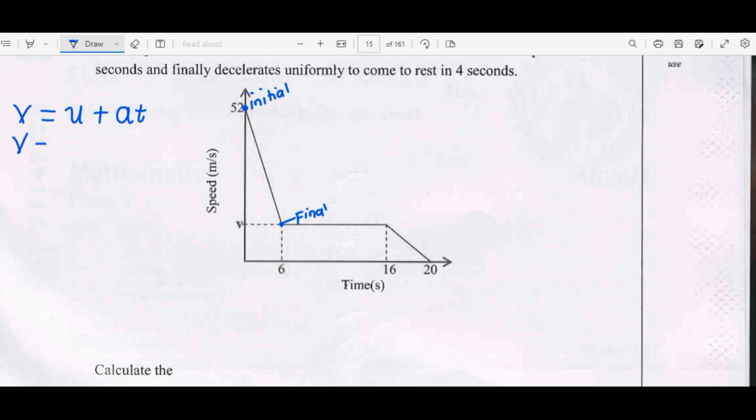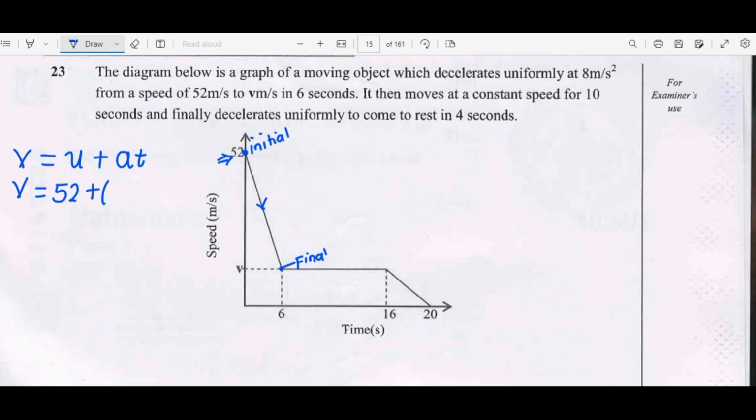The u is the initial, the number where the line is starting from, which is 52. So we have our 52, then plus the acceleration. As you can see the line is going down, so the acceleration must be negative. We are given 8 meters per second squared, so we put negative 8 here.